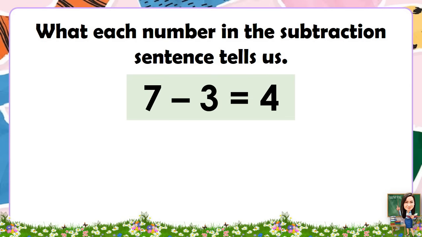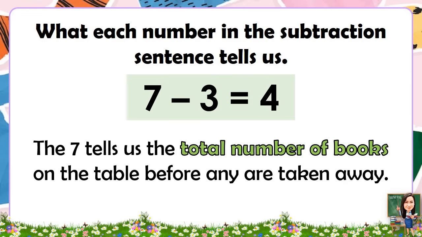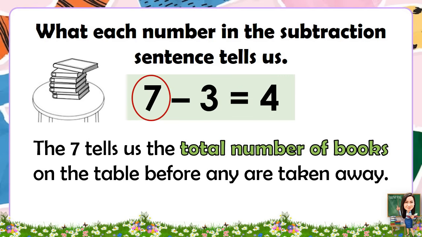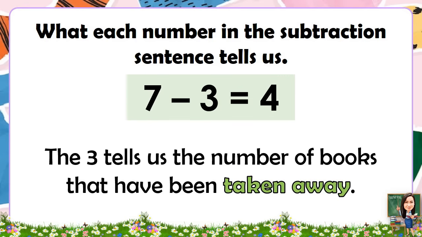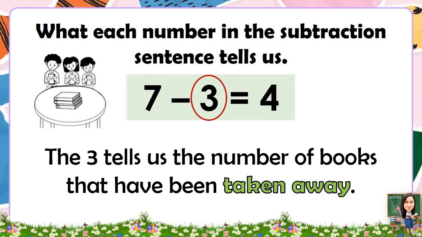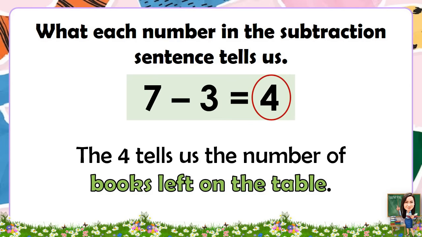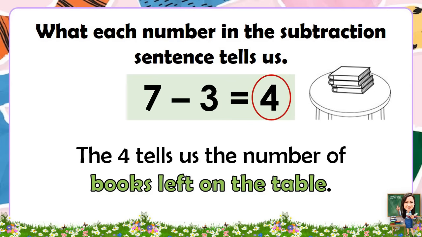What does each number in the subtraction sentence tell us? The 7 tells us the total number of books on the table before any are taken away. The 3 tells us the number of books that have been taken away. And the 4 tells us the number of books left on the table.